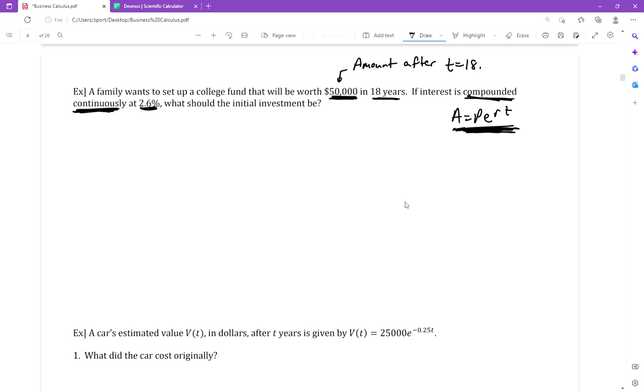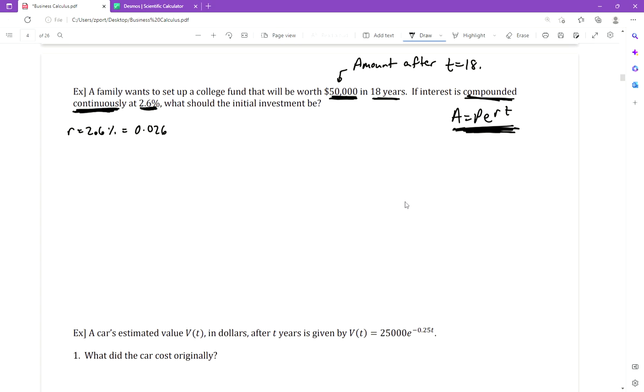The 2.6% is an interest rate, but we would need to change it to decimal form, which becomes 0.026. So you just move this decimal left 2 and then get rid of the percent symbol.